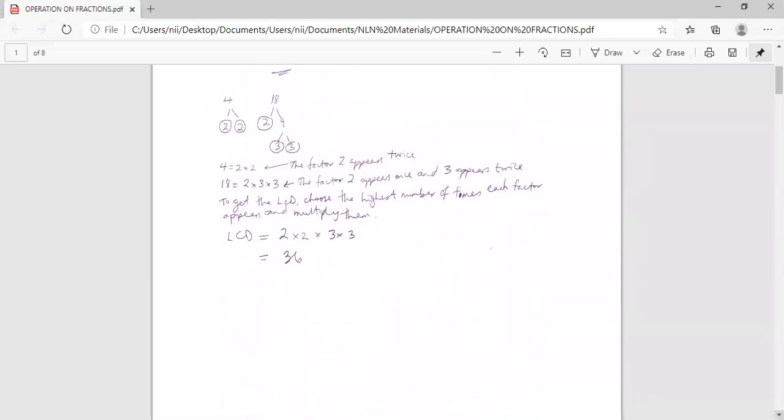Let's say that I have 4 and 18 appearing in the denominator, right, of a given fraction. All right, and we want to find the LCD. So let's say that I have something like 1 over 4 plus 1 over 18.